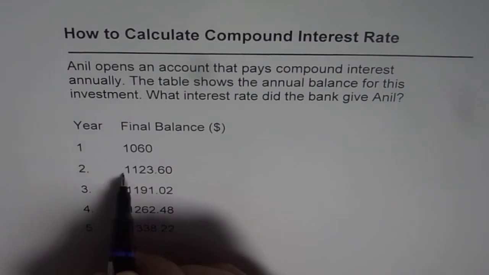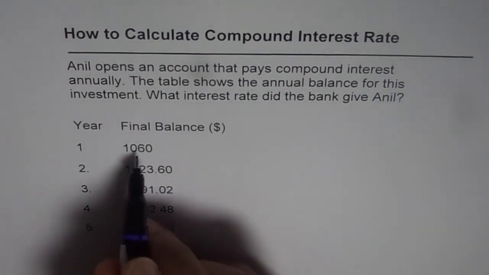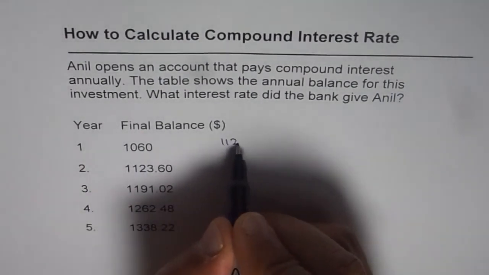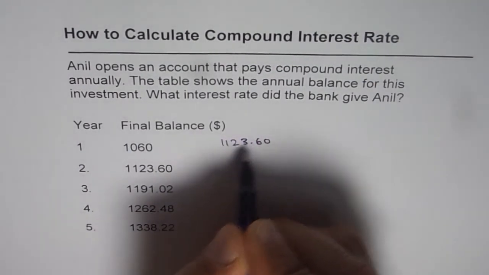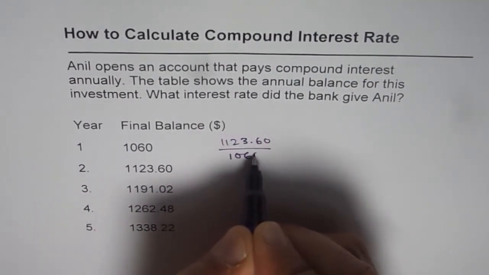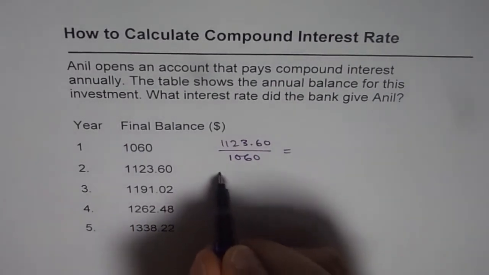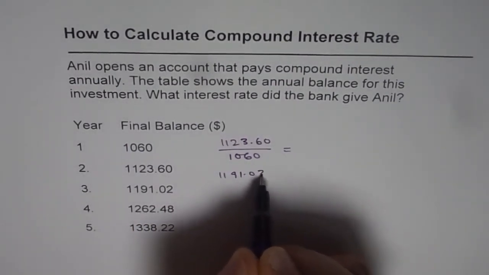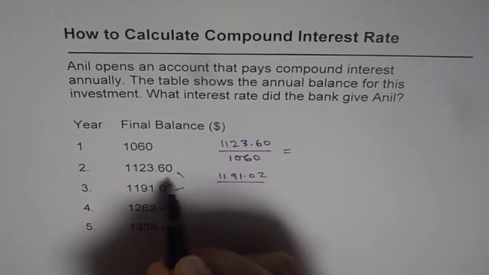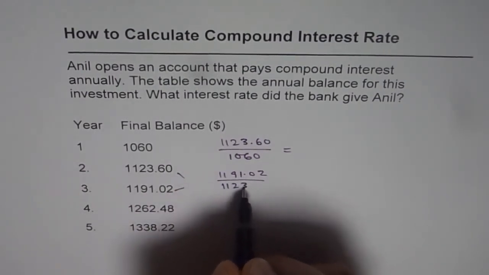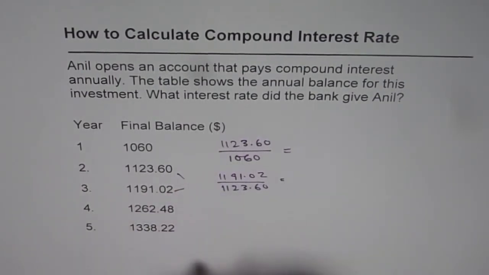We'll divide 1123.60 by 1060. If we divide 1123.60 by 1060, what do you get? Similarly, let's divide 1191.02, the next one, by 1123.60. What do you get?